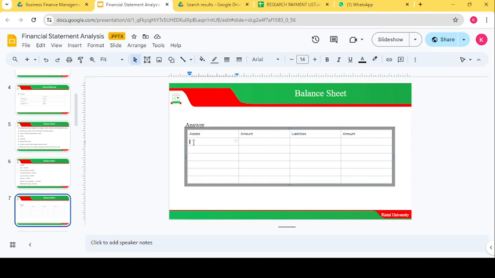So we are given the cash. Cash falls under assets. We are given the cash of 50. And then we have accounts receivable. Accounts receivable are the same as debtors.